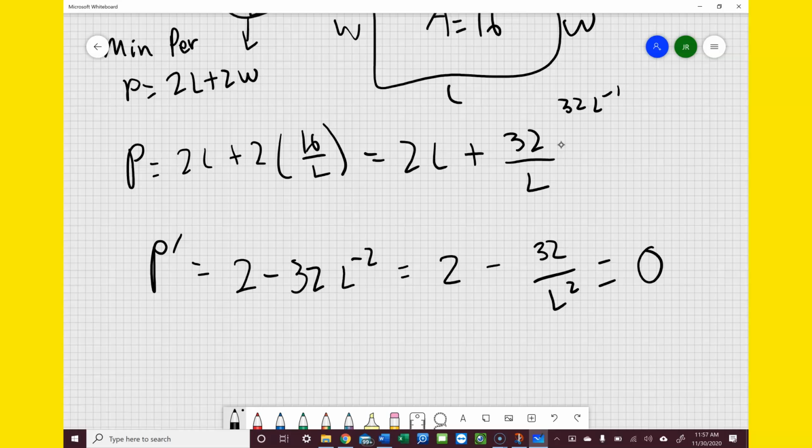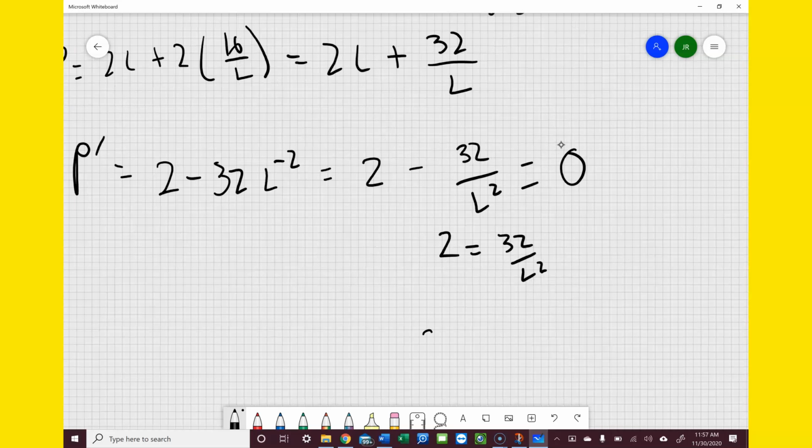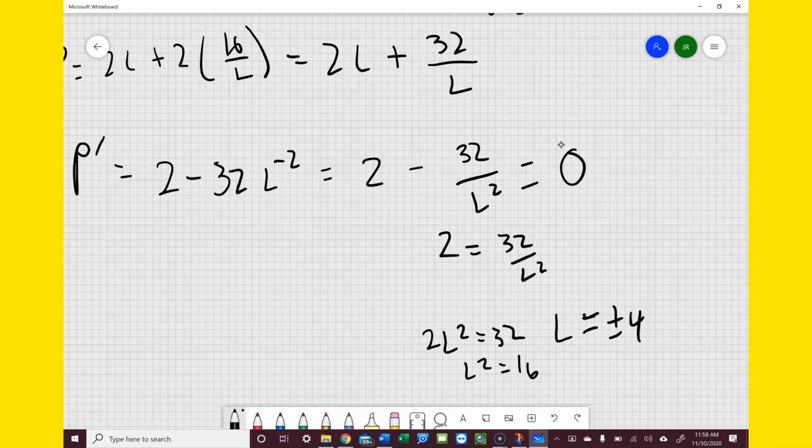Set that equal to 0. So 2 equals 32 over L squared. Cross multiply: 2L squared equals 32, L squared equals 16, L equals plus or minus 4.